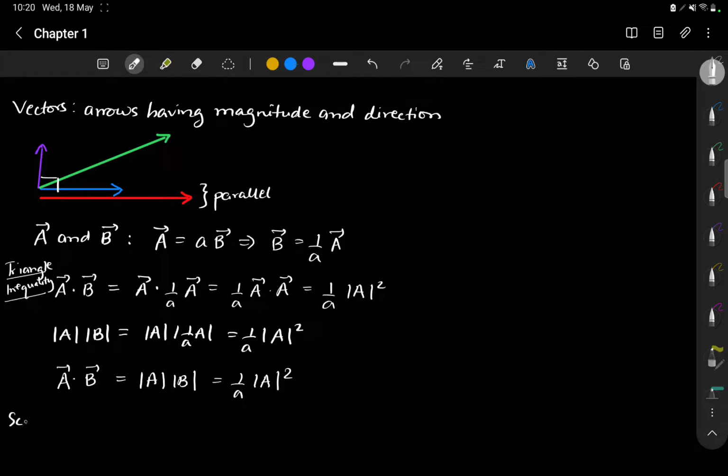I wrote the wrong thing earlier: this is not the triangle inequality, this is the Schwarz inequality. Now we will have the triangle inequality.